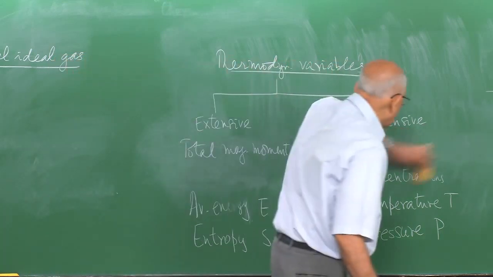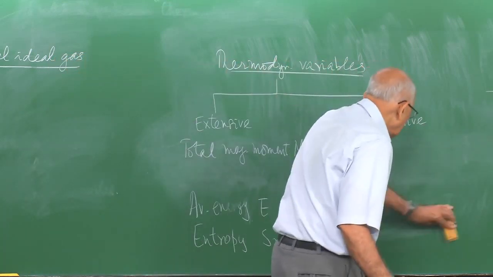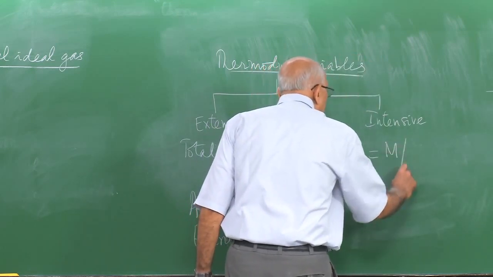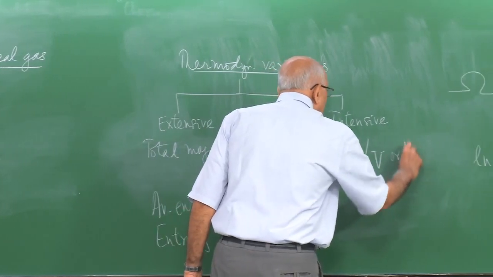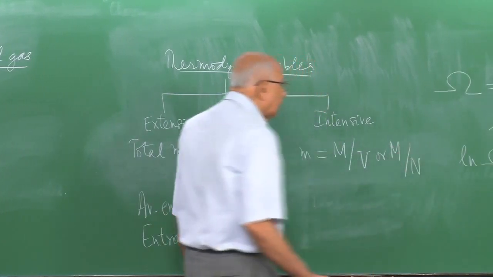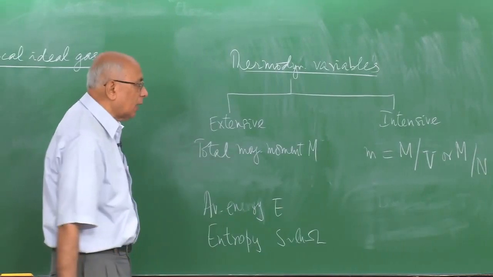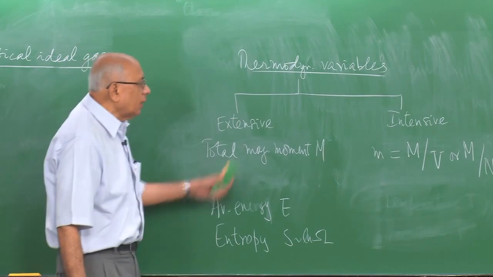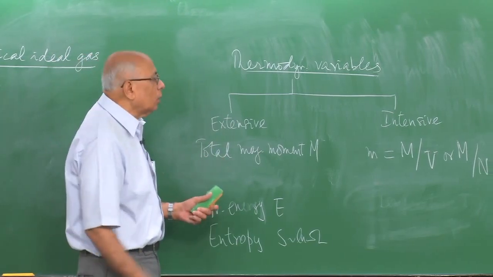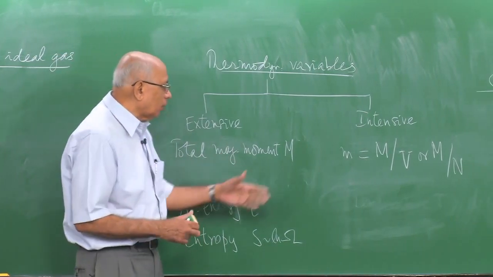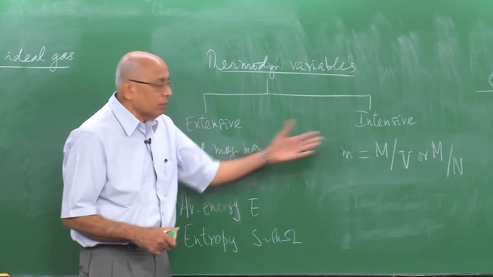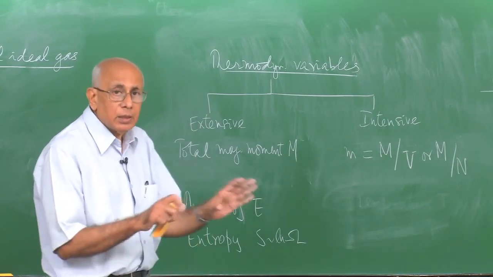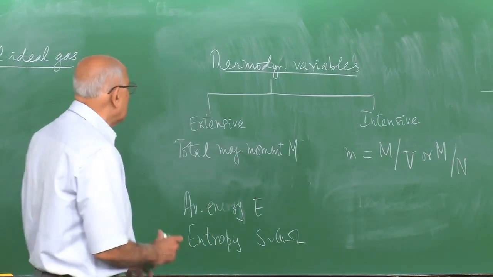On the other hand, the corresponding intensive quantity would be the magnetization, M per unit volume, M divided by V, or M divided by N. The magnetization per particle or per atom would be an intensive quantity like the density or the concentration. So every time you have an extensive quantity, you can in principle divide by the number of particles or the volume of the system for a given density and make it into an intensive quantity, but the distinction between the two should be kept in mind.